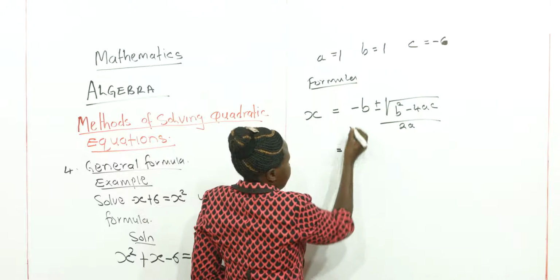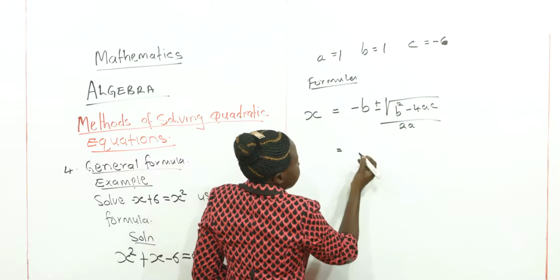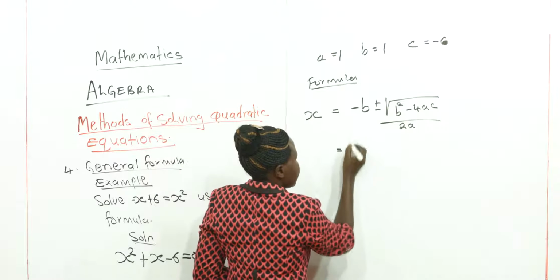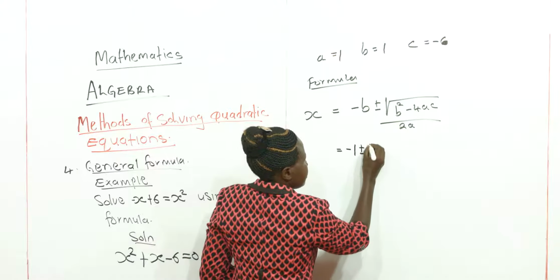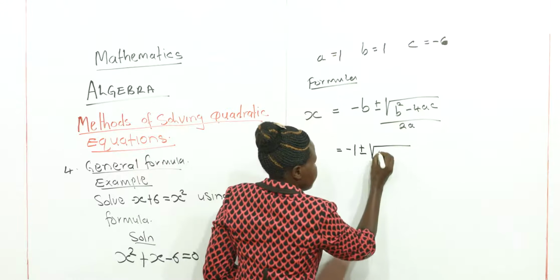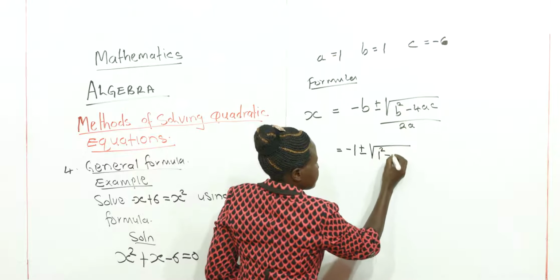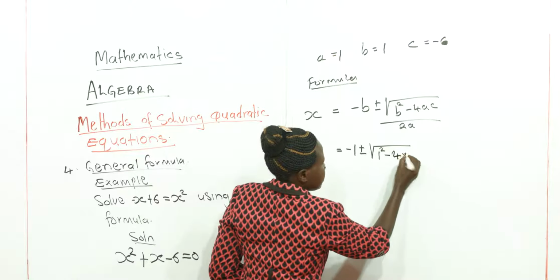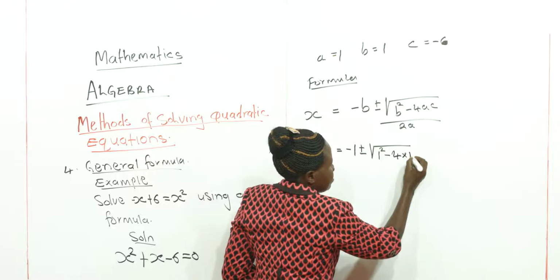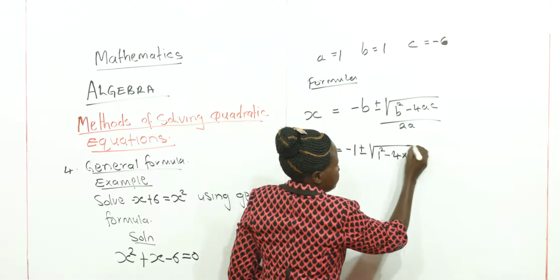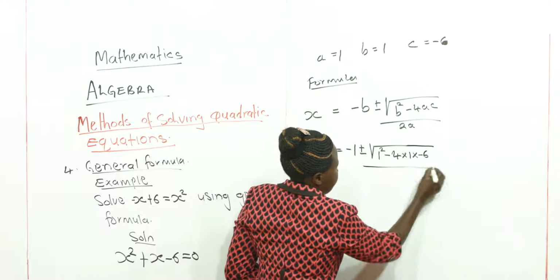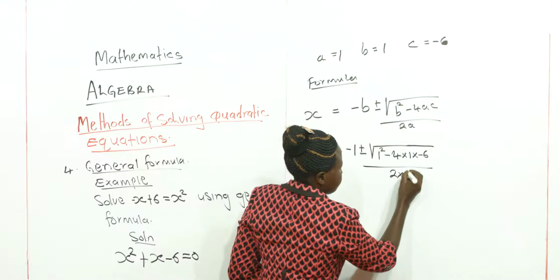So we say b is positive 1, so we shall have negative 1 here, plus or minus a root of positive 1 squared minus 4 times a, which is 1, times c, which is negative 6, all out of 2 times 1.